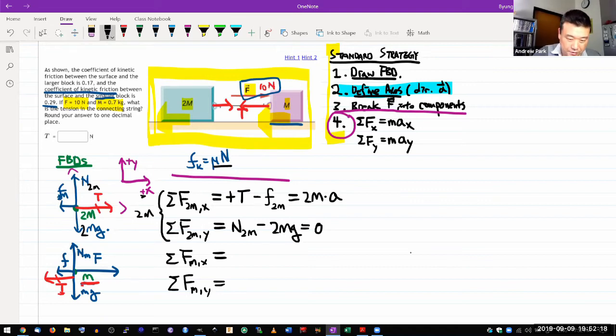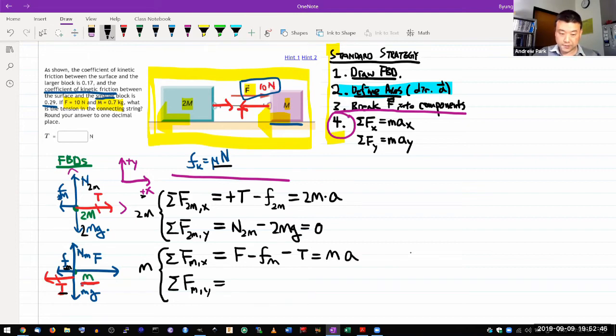So let me finish writing down the equations for the smaller block m. It's going to be a little bit more complicated because there are two forces here. So, okay, apply the force F minus the friction force, let me call this F sub m, minus one more thing, the tension force. That's equal to the mass times the acceleration.